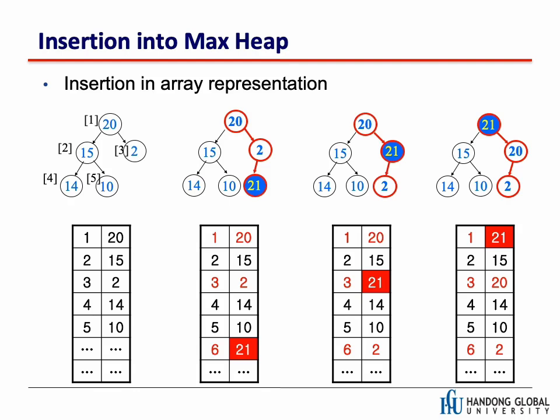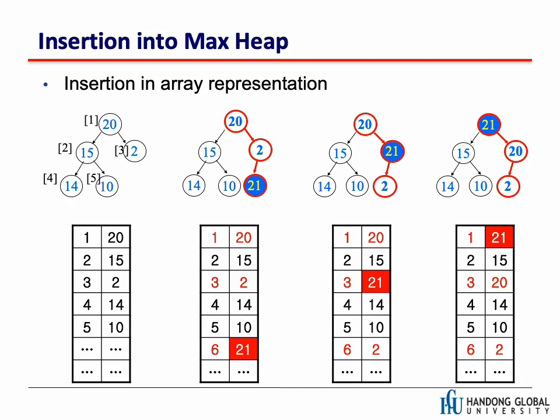Now we have the numbers in this array. In the left column is the index of this array, and the second column has the value of the nodes. And then when we add 21, in the first step, 21 will be the last element in this array. So we have index 6 and 21 is the value of that row.